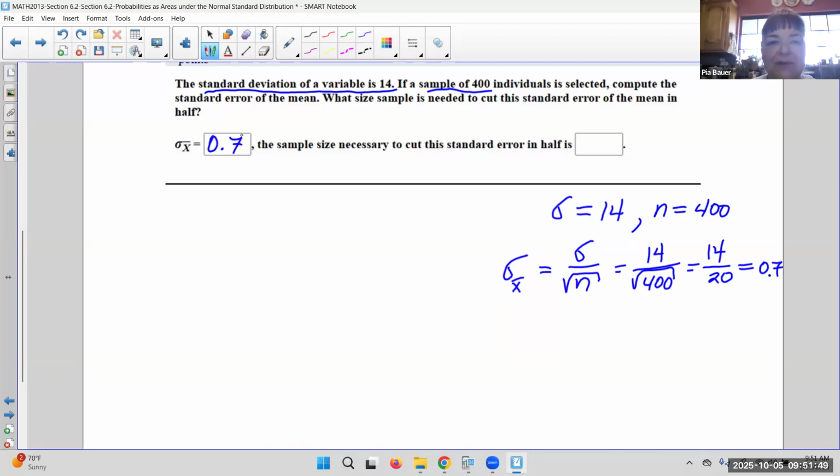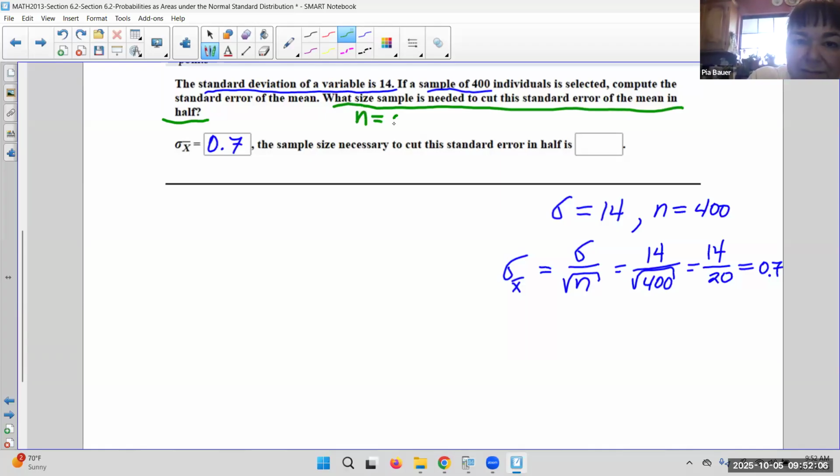Now, this is the part that is a bit interesting because it says what sample size is needed to cut the standard error in half. When they say sample size, they mean n.